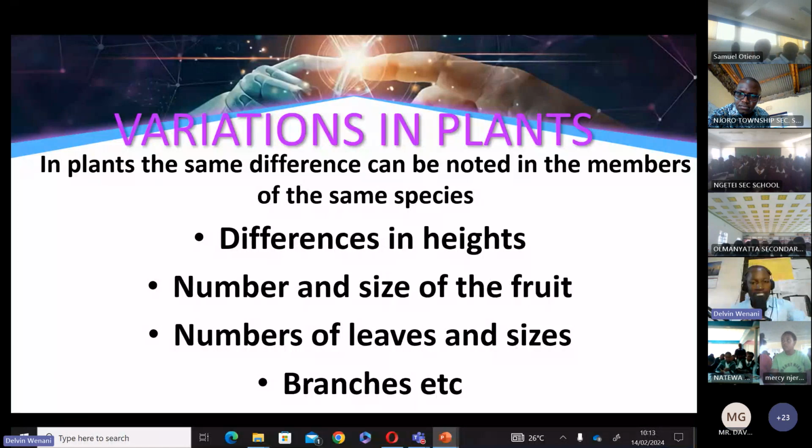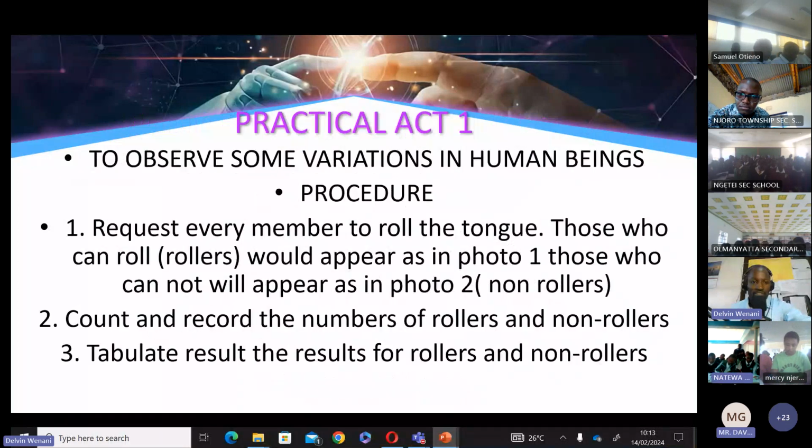Our first practical that I want us to do together, all of us together. In this practical, I want us to observe some of the variations in human beings. The procedure here is, number one, I want to request, and I'm sure wherever the students are, they have a teacher with them, the teacher in charge of those students to request every member to roll their tongue.